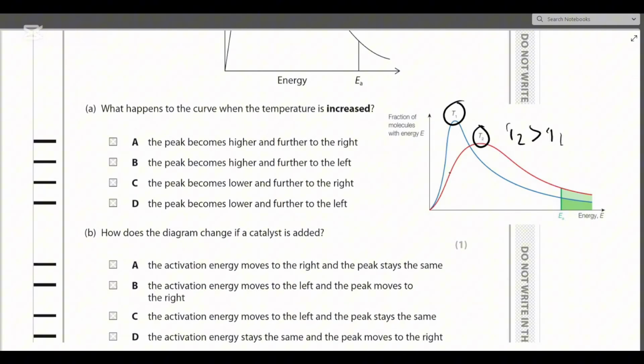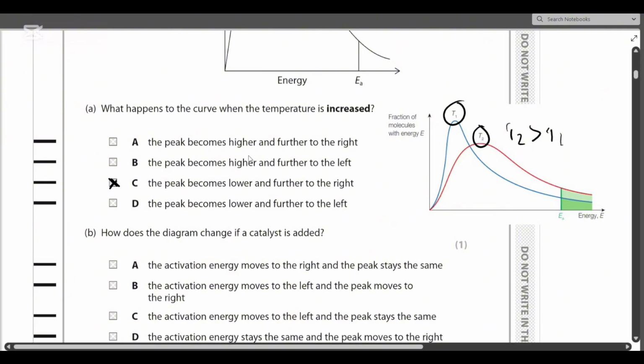Even though a smaller fraction of molecules is at the peak energy, eventually more molecules are going to possess energy greater than the activation energy. So the peak becomes lower, and it moves further to the right. That will be our real answer.